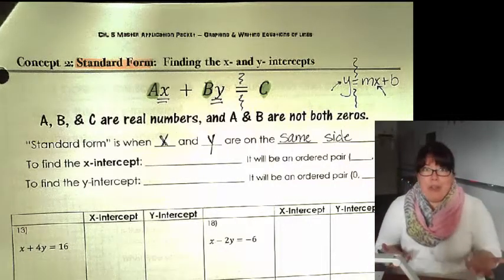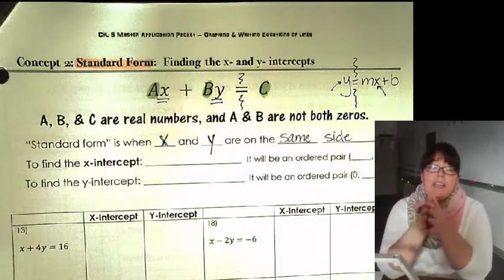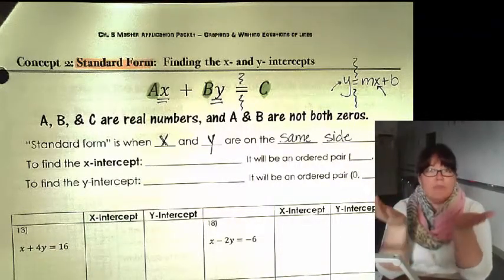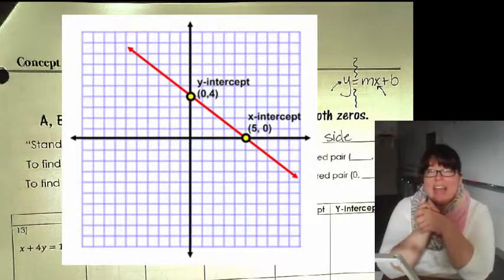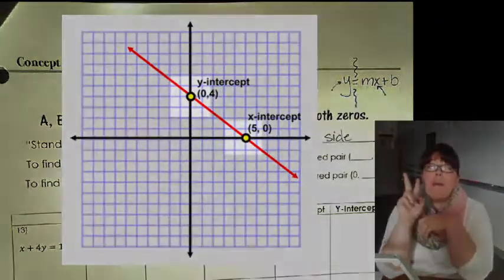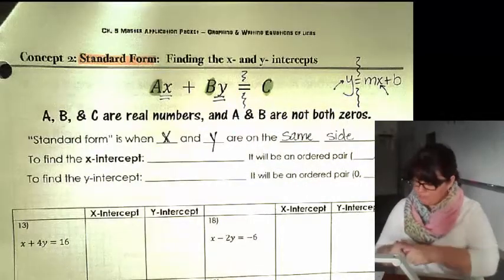Now, what do we do with that? Standard form is used most often to help us find the intercepts. Now, remember, the intercept is wherever the line crosses an axis. For standard form, we're going to be looking at both intercepts, okay? So let's take a look at how we do this.